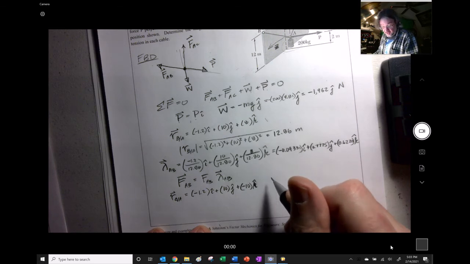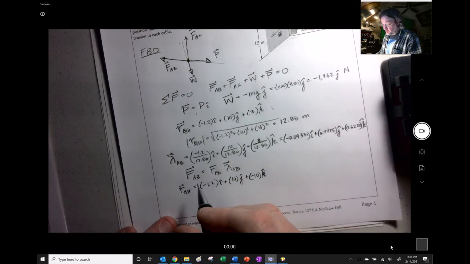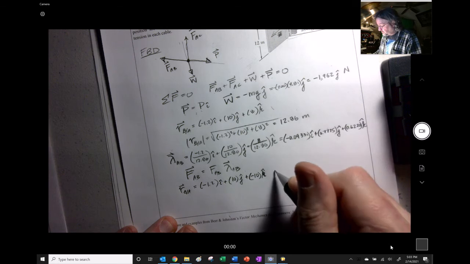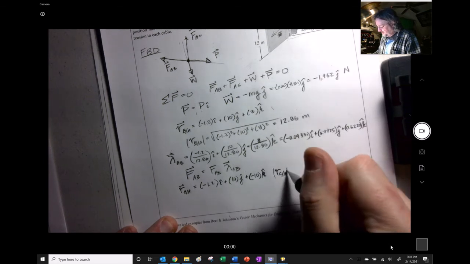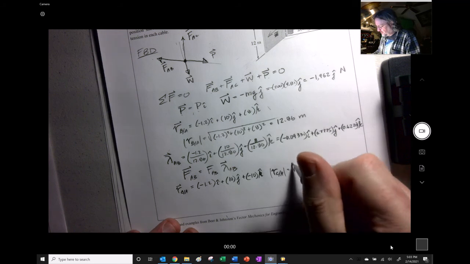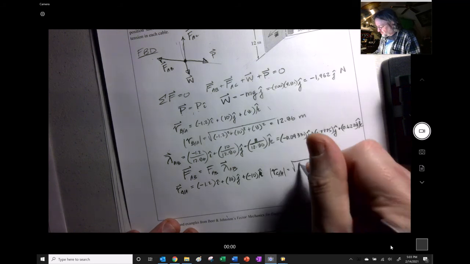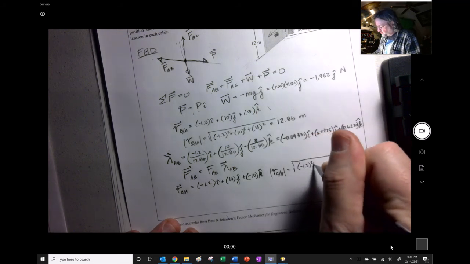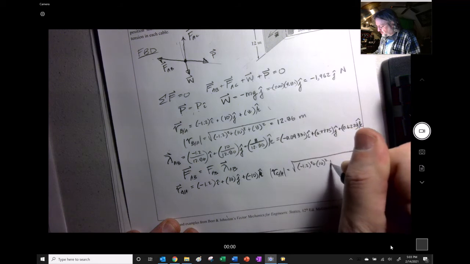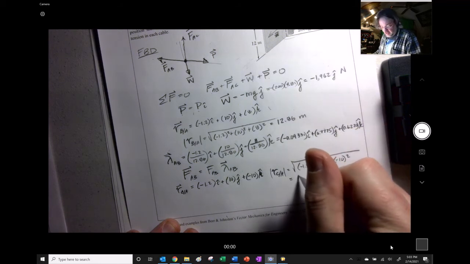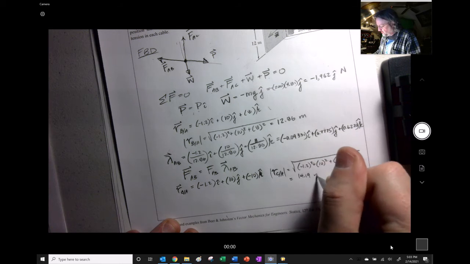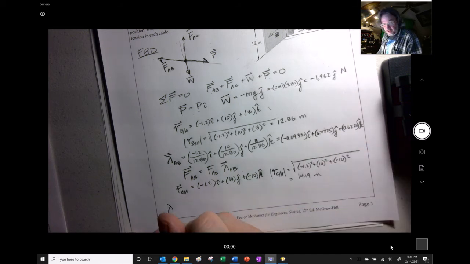CA, the absolute value, is going to be the square root of negative 1.2 squared, 10 squared plus negative 10 squared. And so we're going to get 14.19 meters.